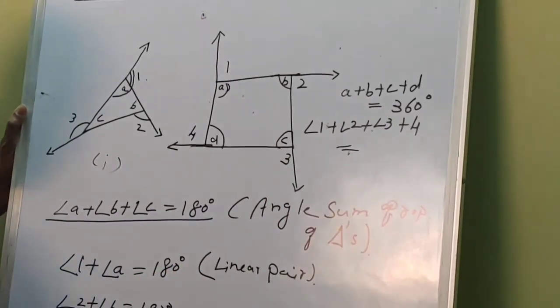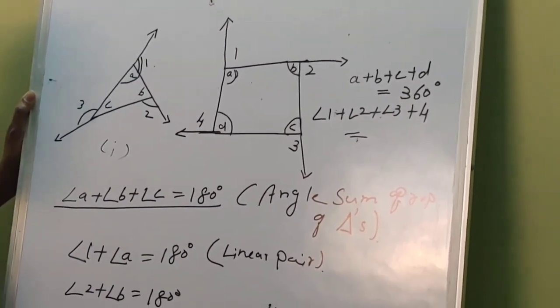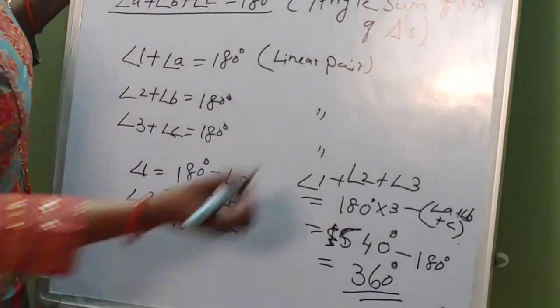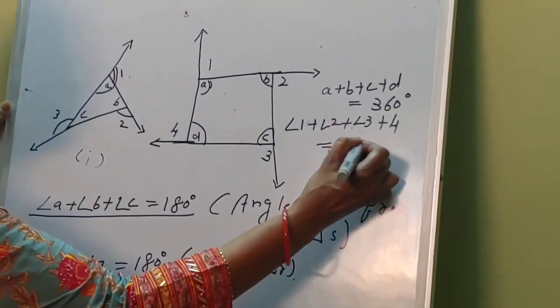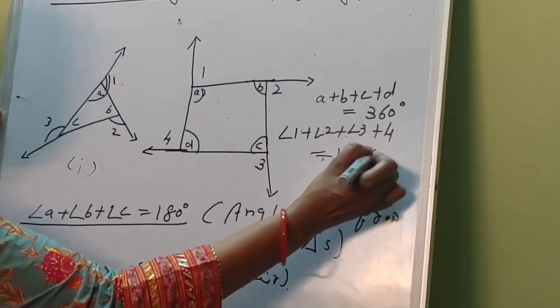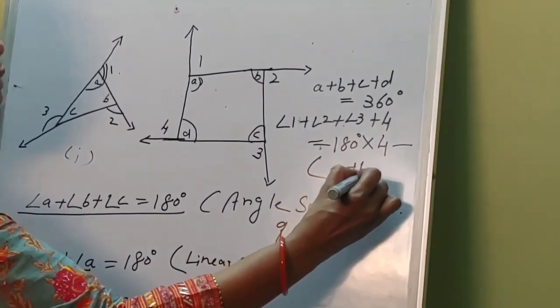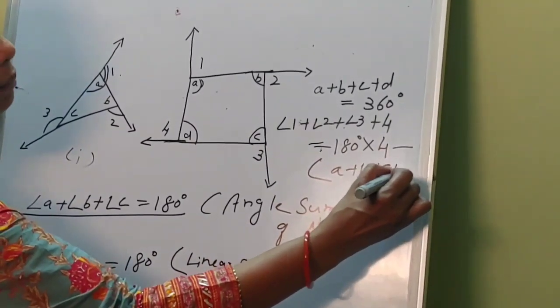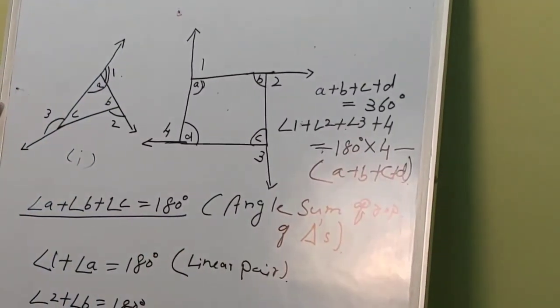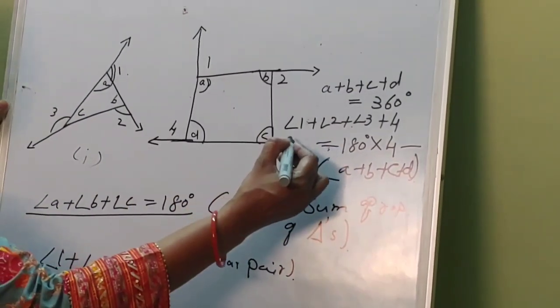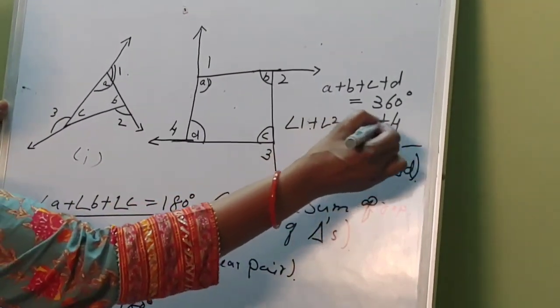So I'll get 4 equations, and so I'll write 180 into 4 minus A plus B plus C plus D. So that will be angle 1 plus 2 plus 3 plus 4.